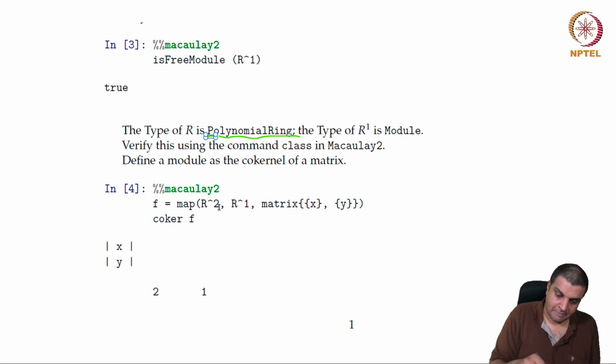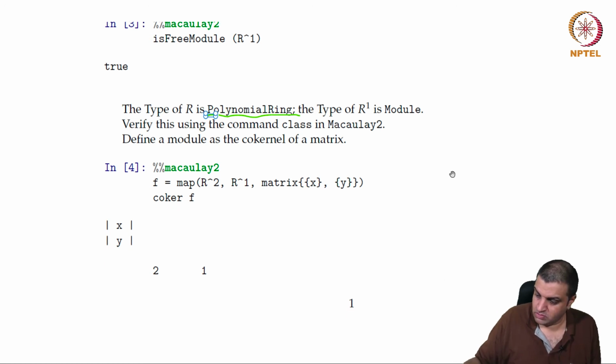Remember, the arrow is always from right to left in Macaulay2. And this is a matrix. A matrix is a list of lists, where each individual list is a row. So this is a 2 by 1 matrix.